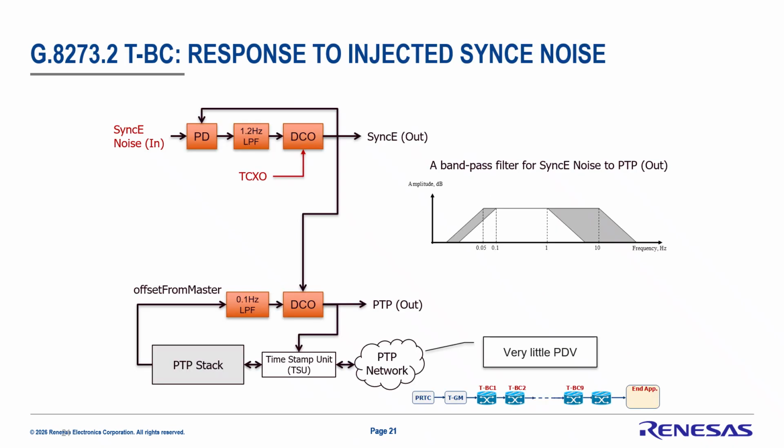And here is an example of the telecom boundary clock where I just basically applied the two PLL architecture concept to demonstrate how it could implement the pass band filter characteristics of the SyncE noise to PTP output. And again, this is all utilizing existing blocks of a phase lock loop, including even using a packet-based PLL to lock to the packet-based clock.